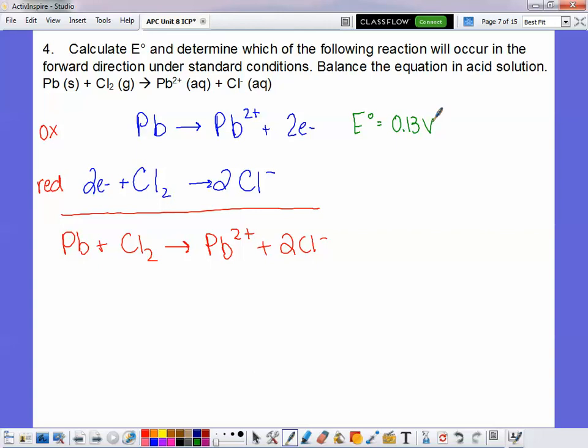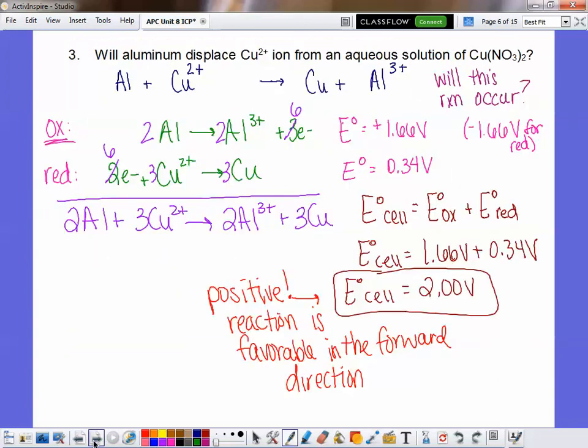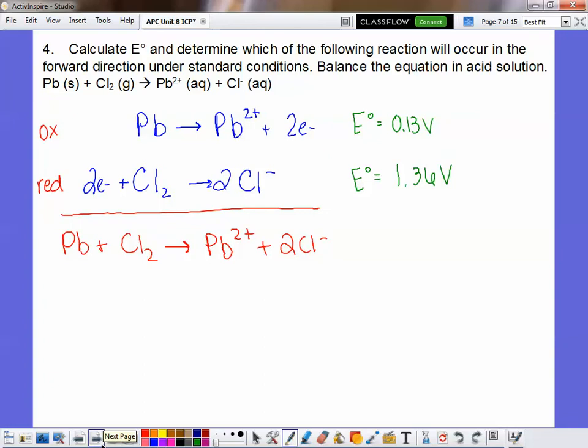And then E for my reduction half reaction is what? 1.36. You guys grabbed this one instead of this one. That was just you didn't line up the chart well.